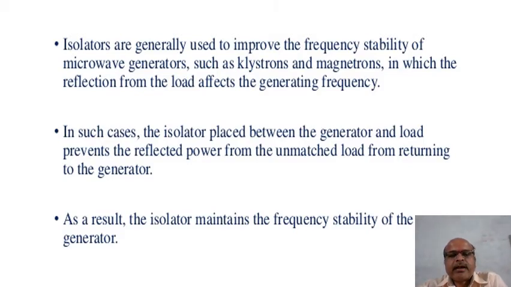Why? Because it provides the frequency stability. In such cases, the isolator placed between the generator and the load prevents the reflected power from an unmatched load from returning to the generator. As a result, the isolator maintains the frequency stability of the generator.